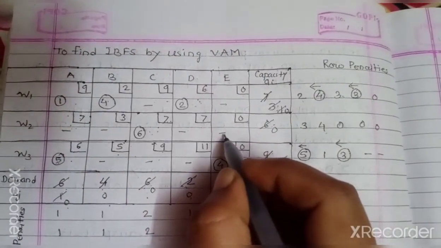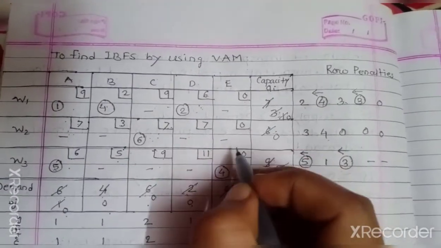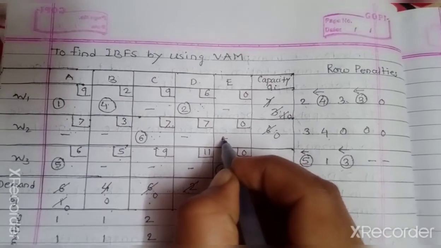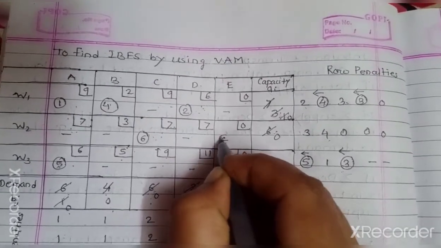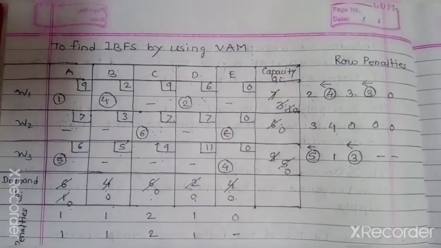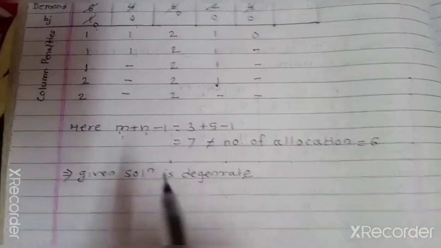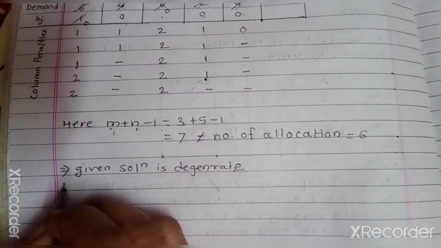Suppose we fill in the least cost position, which is 0, with epsilon. When we add this small positive value of epsilon, the number of allocations becomes equal.